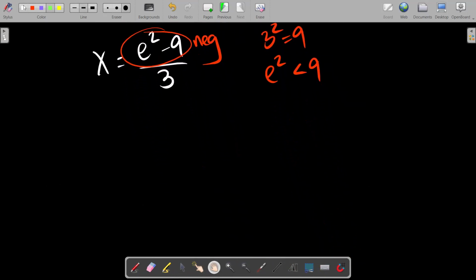And I'm going to grab my calculator now and I'm actually going to type in e squared minus 9. Make sure you hit enter after you do this. If you don't, you will miss it 10 times out of 10. So I have to hit e squared minus 9, and that's going to come up with negative 1.6109.